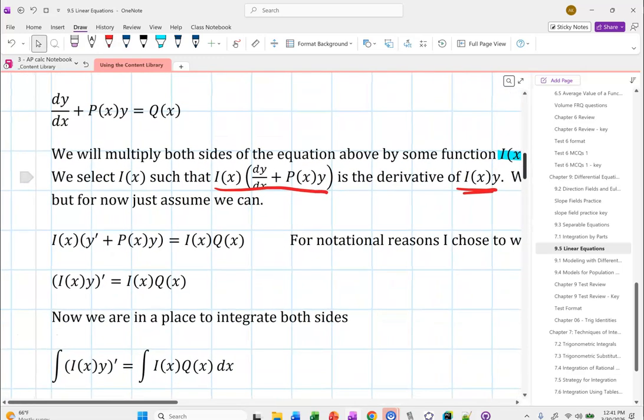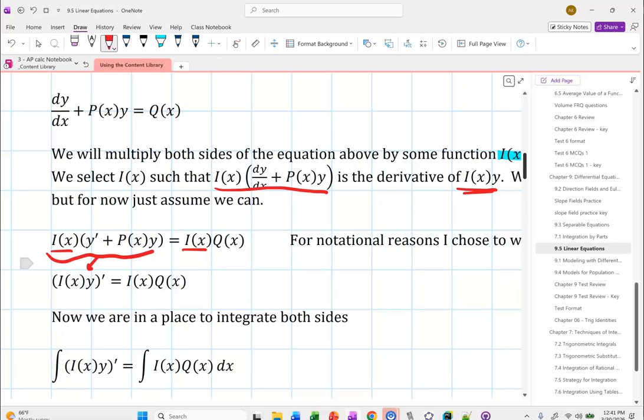So we have our original problem, and we multiply both sides by I of x. This side condenses down into just the derivative of I of x times y. If we integrate both sides then, the integral is going to cancel with the derivative.